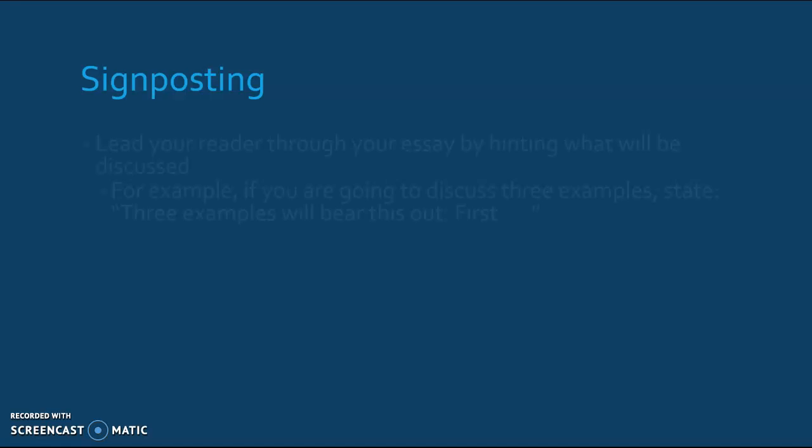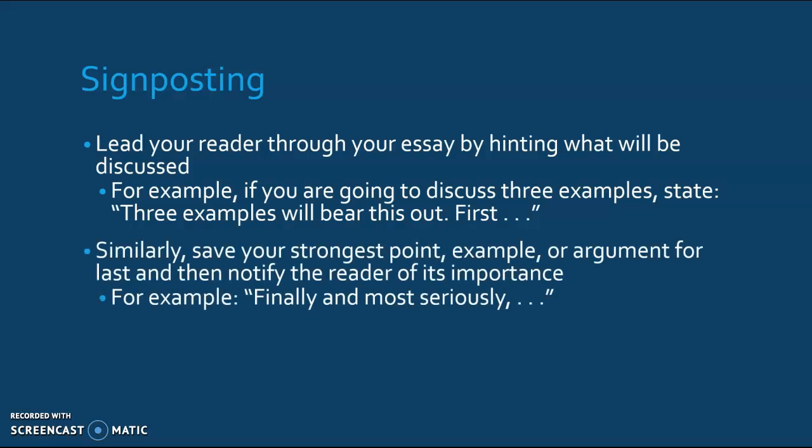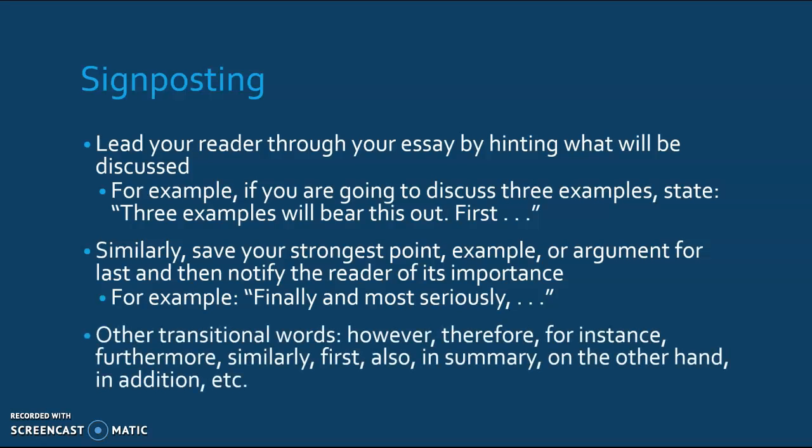Another thing you can do is called signposting. That is, lead your reader through the essay by hinting what will be discussed. So if you're going to discuss 3 examples, tell us there will be 3 examples, and then number them as you go through them. Similarly, if you're going to order your points in order of importance or in order of strength, make sure that you are telling us this in the transitions that you use.